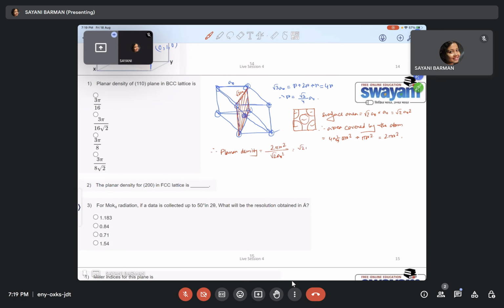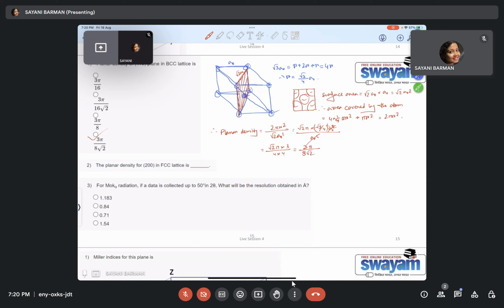It is root 2 pi R, where R is root 3 by 4 A0, squared, divided by root 2 A0 square. A0 square will get nullified. Then this would be root 2 pi into 3 by 4 into 4, so this would be 3 pi by 8 root 2. Yeah, this would be the answer: 3 pi by 8 root 2. The next one is the planar density for the 200 plane in an FCC lattice.